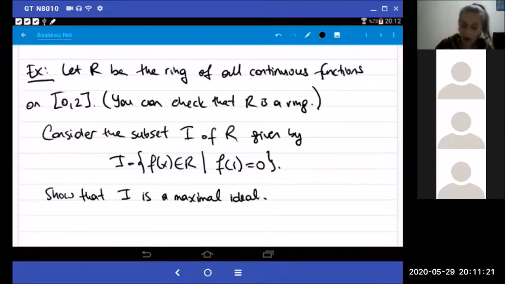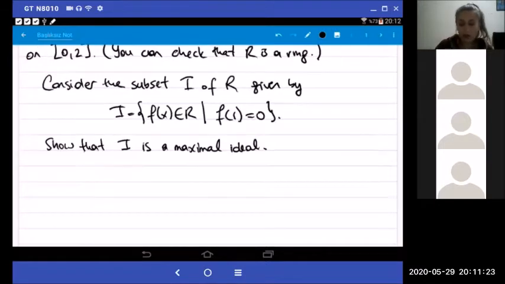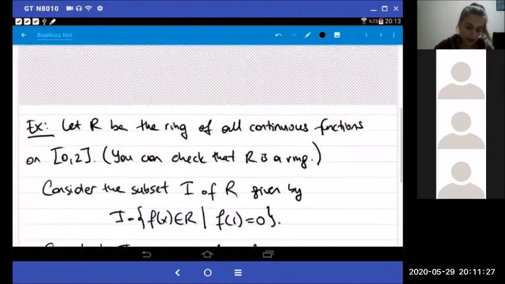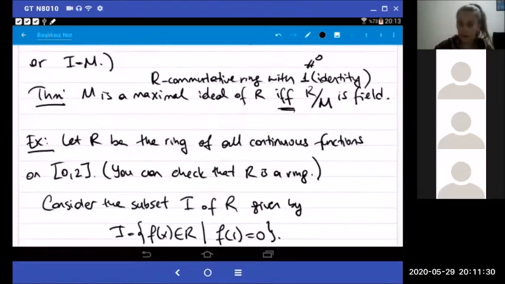Okay, now how to show that? I'm not going to use the definition, but I'm going to use the theorem here.